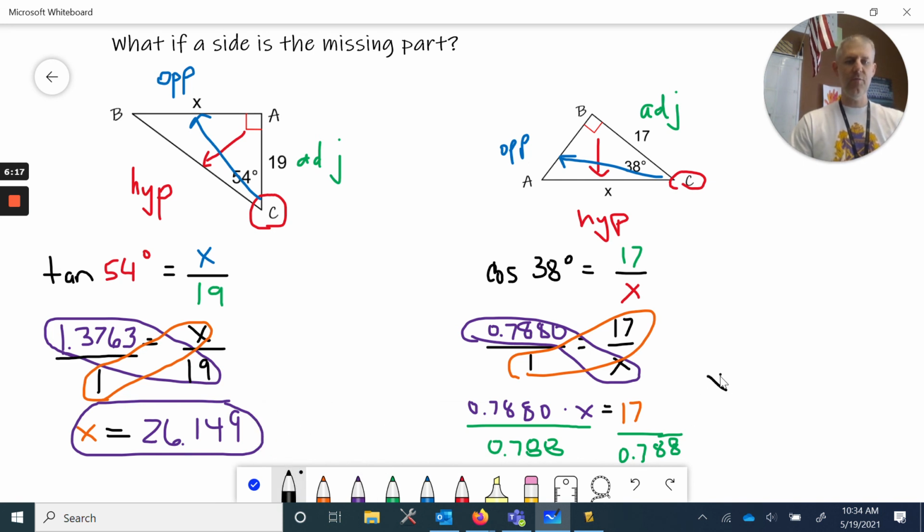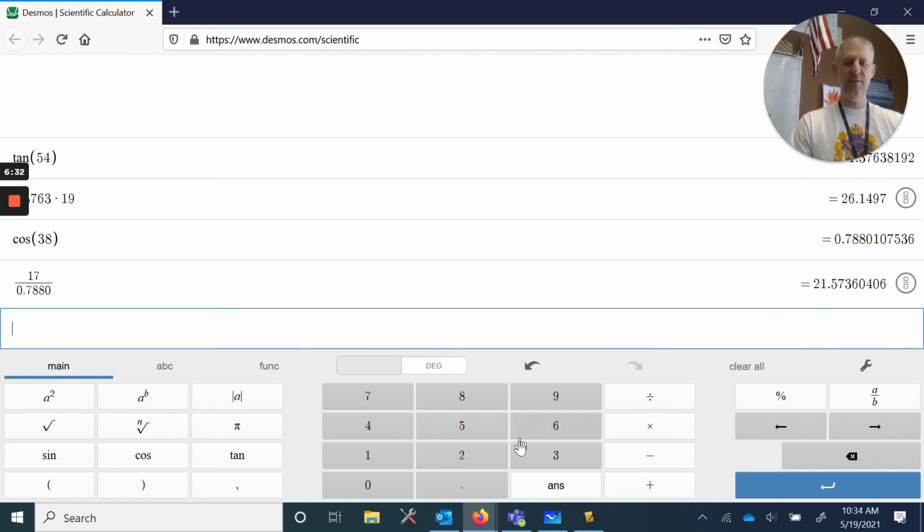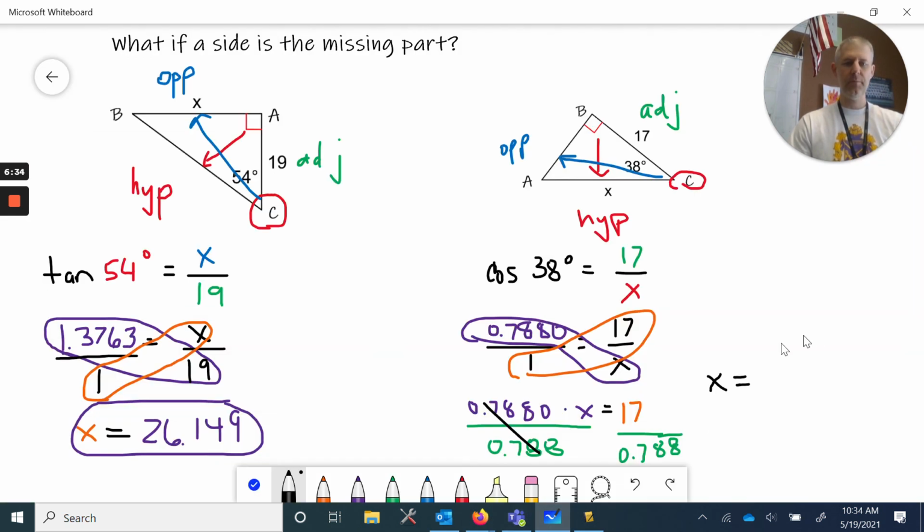I'm going to write that over here since I ran out of room on my page. So we'll do 17 divided by 0.7880 because those will cancel. 17 divided by 0.7880, and I get 21.573. So that's how long my hypotenuse is.